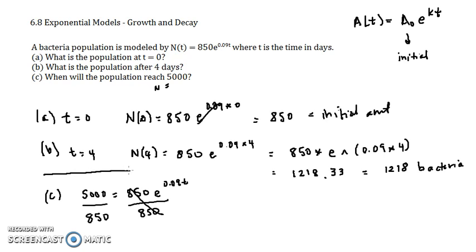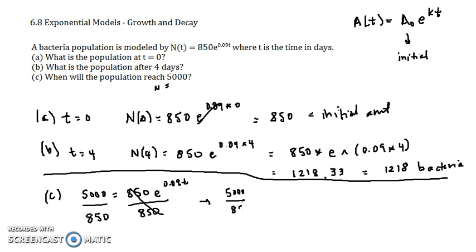I'm going to come over to the side a little bit here so we don't have to erase all this. So we're going to have 5,000 over 850 equals e to the 0.09t. And remember from the last section, we've got an exponential. We need to get this down. So what do we take? A logarithm, right?